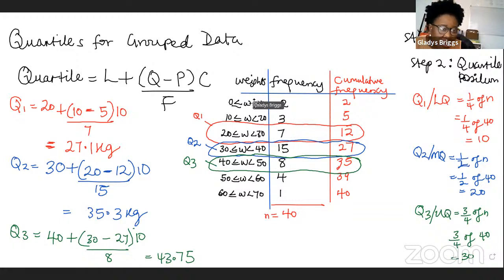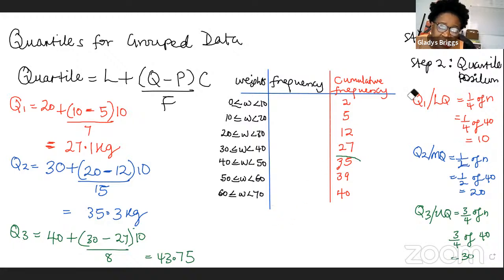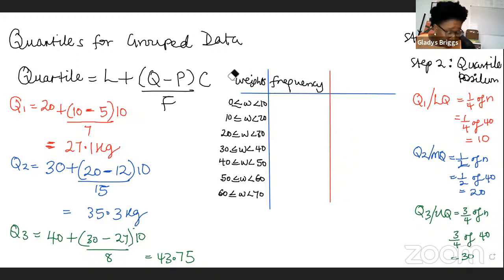Okay, so I'm just going to clear this out a little bit. I'm just going to change the frequencies here, okay? And you can work the rest of the things out following the method that I showed you.